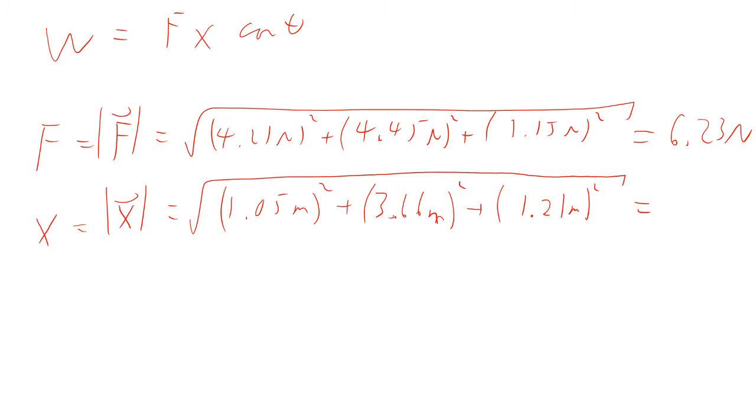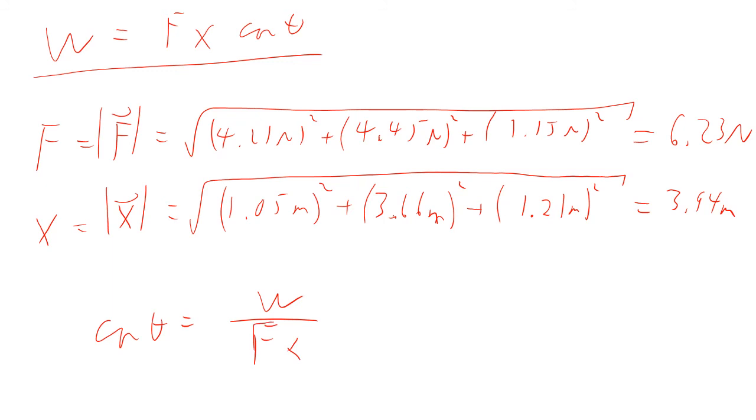That comes out to be 3.94 meters. Okay, so by using this relationship up here, I could then say that cosine theta equals work over FX. So that means theta is going to be the inverse cosine of work over FX.